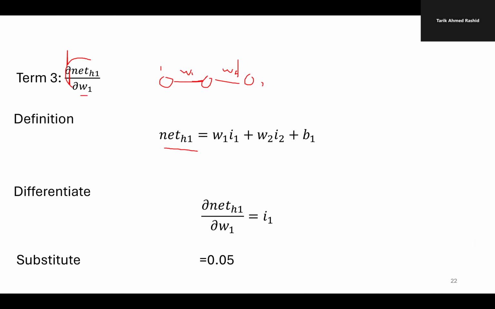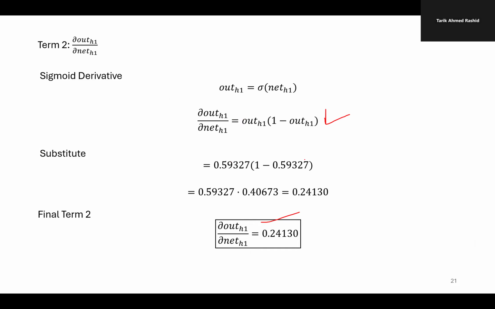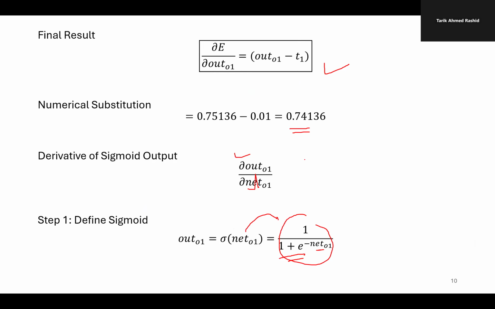If we go back to the forward pass, net equals W1 multiplied by I1, the input, plus W2 multiplied by I2, plus B1.